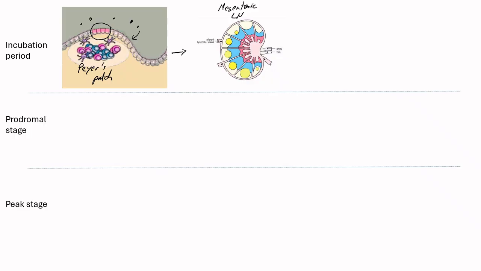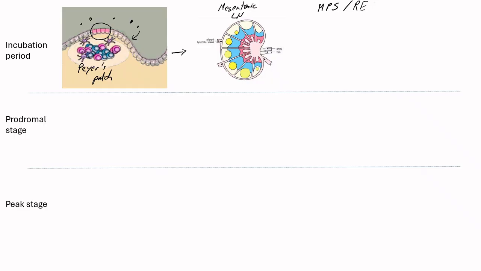So, still within those dendritic cells and macrophages, the Salmonella now get into the blood, and they will end up primarily in organs of the so-called MPS, mononuclear phagocytic system, or RES.